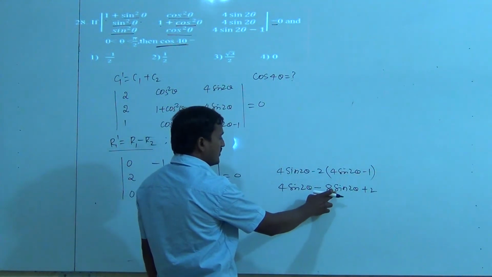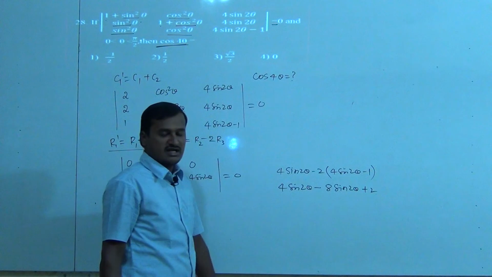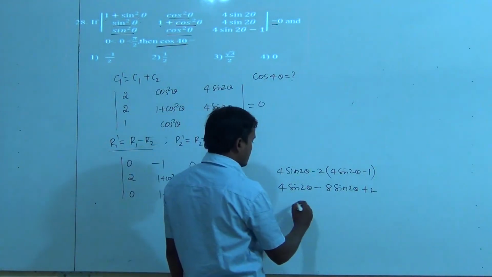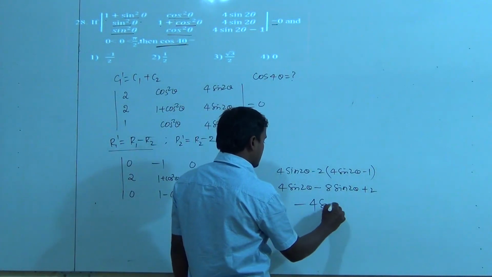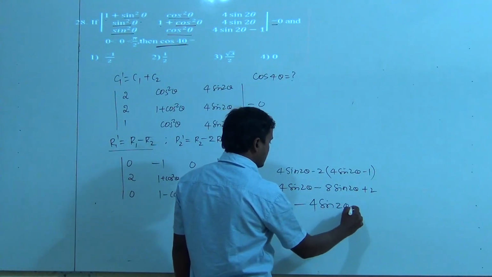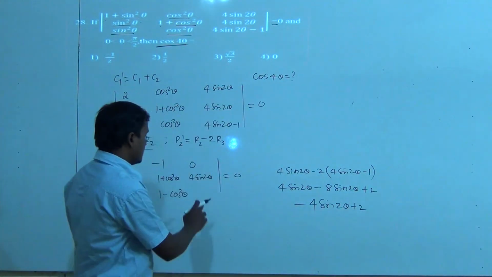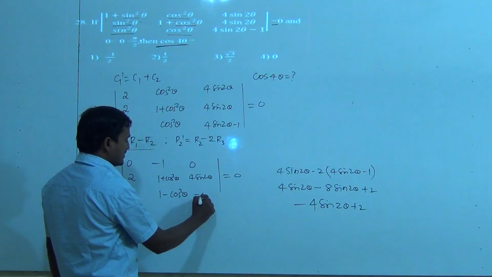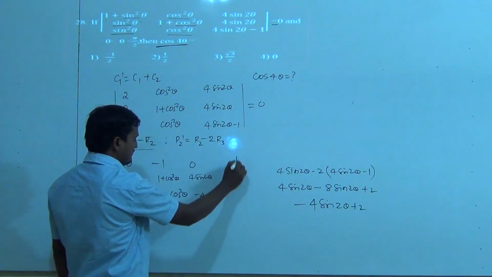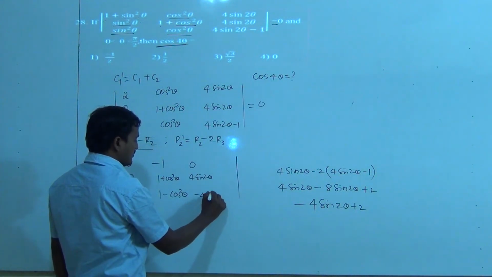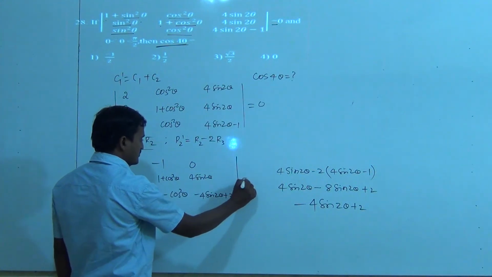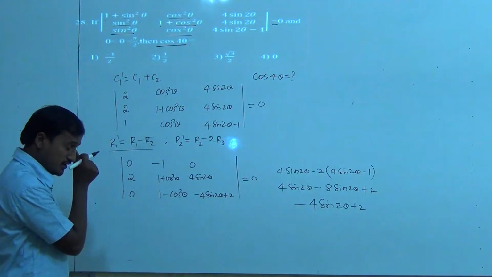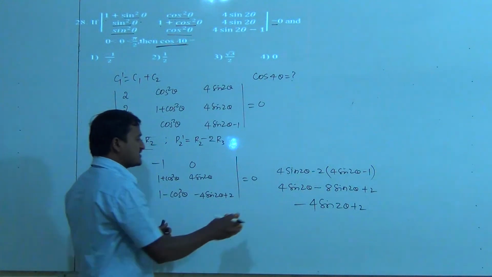So clearly minus of 8 sin 2 theta plus 4 sin 2 theta means minus of 4 sin 2 theta plus 2, right? So here this element is minus 4 sin 2 theta plus 2. So this is equal to what? 0.